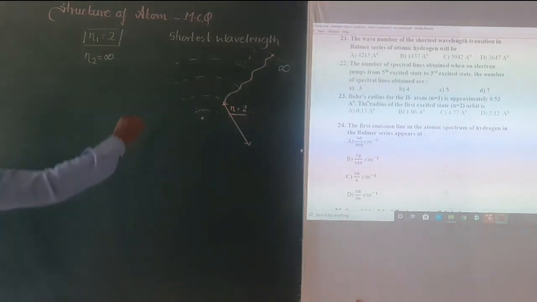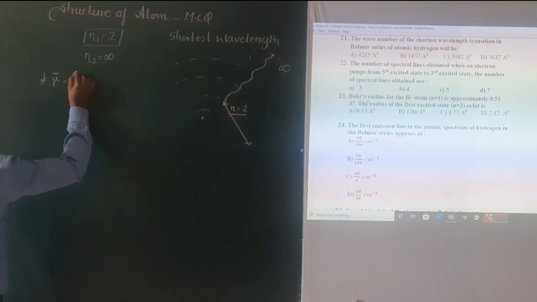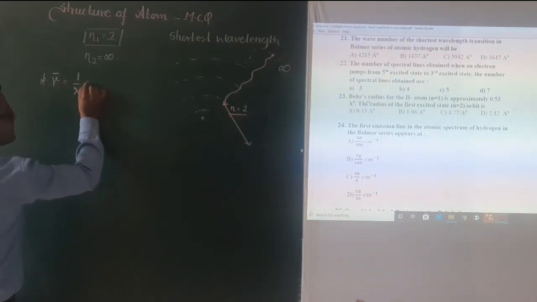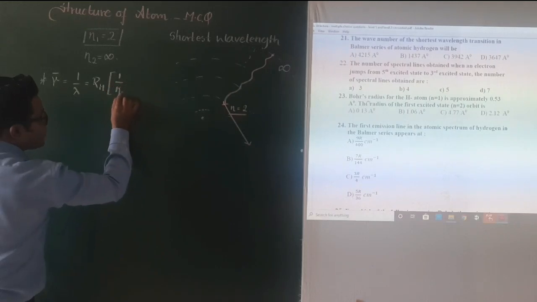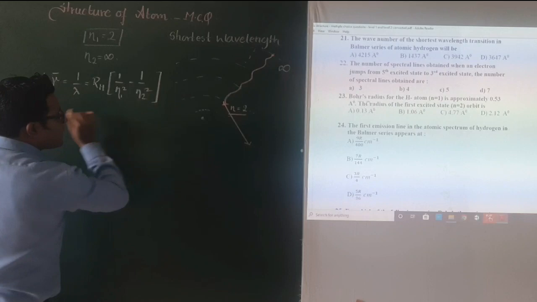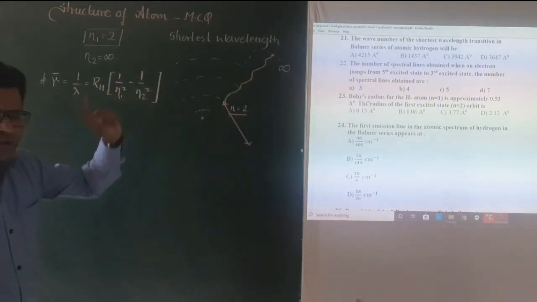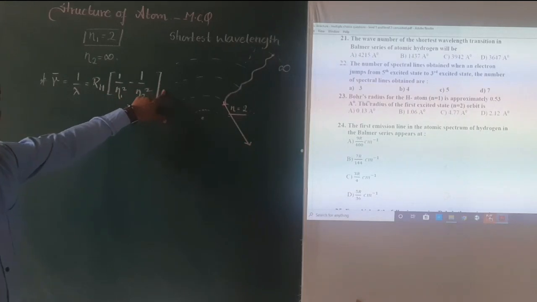As we solve this, we take nu bar equal to 1 over lambda equal to RH into 1 over N1 square minus 1 over N2 square. This is the formula required for hydrogen. As Z is equal to 1, I have not included the Z concept here.